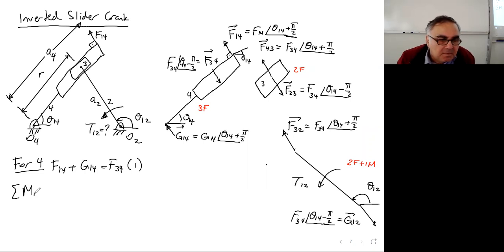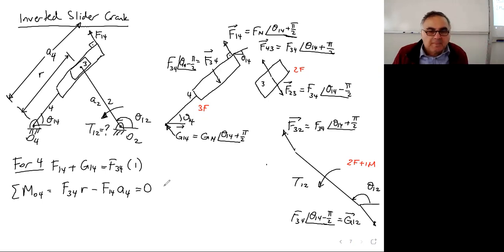And if you take moments about O4, from which you can say that F34 is equal to A4 over r F14.